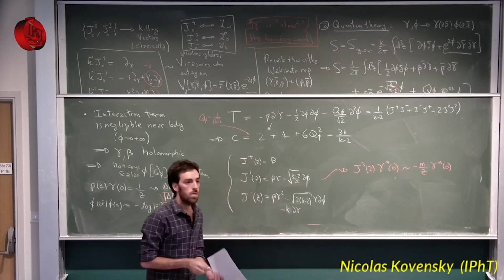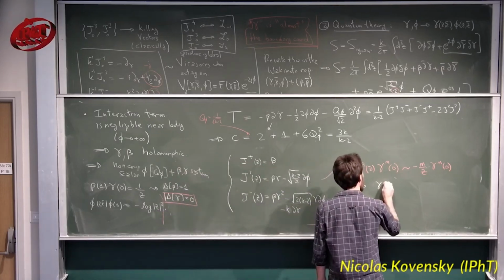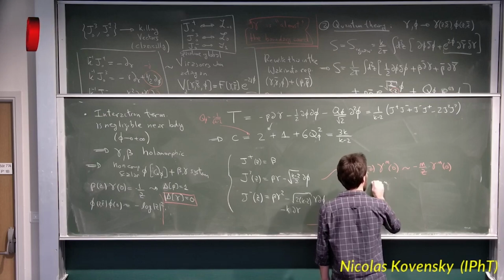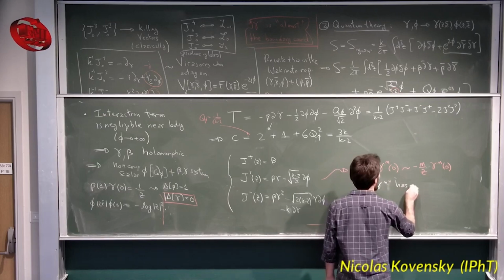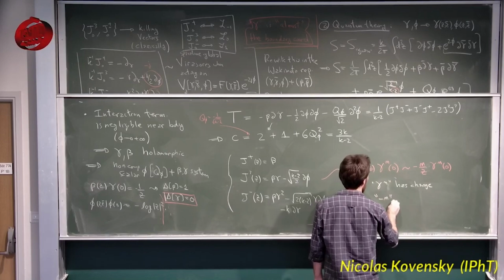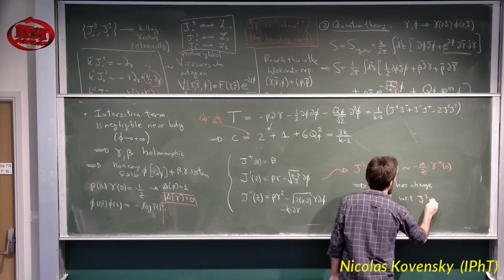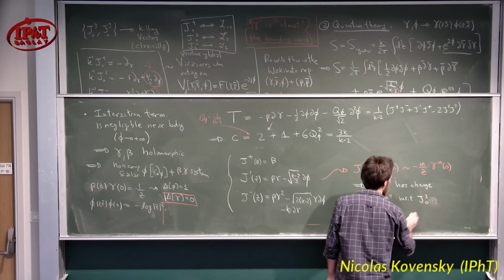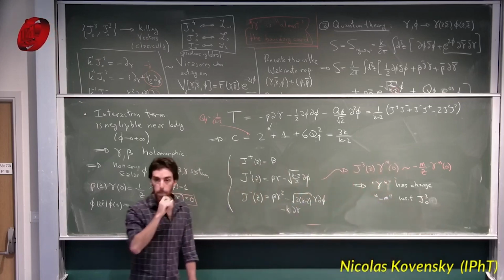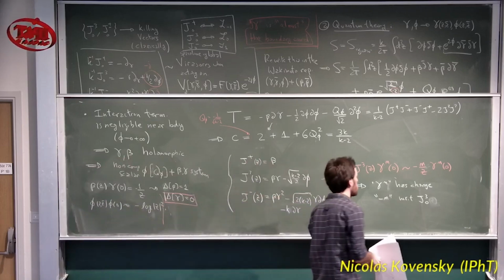So this means that gamma to the n has charge minus n with respect to the J3 current, or J^3_0 if you want. This is just a comment for now. It's going to be useful in a second.